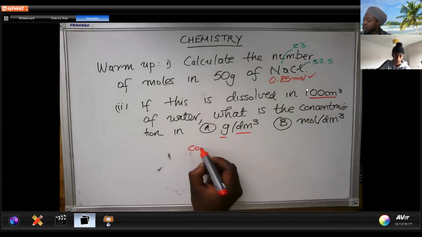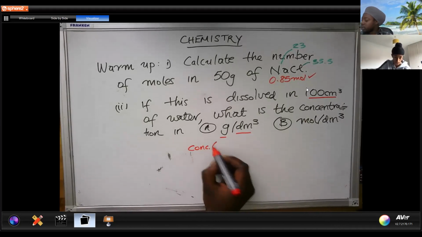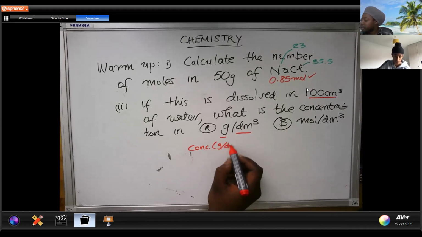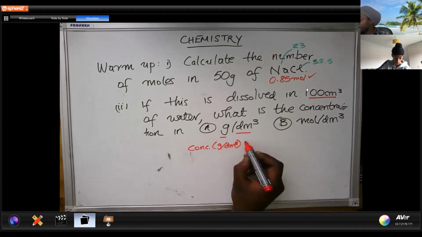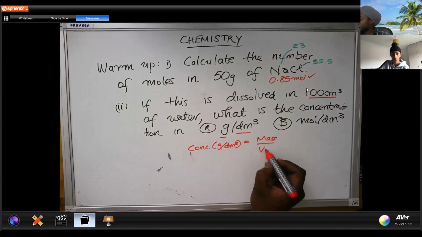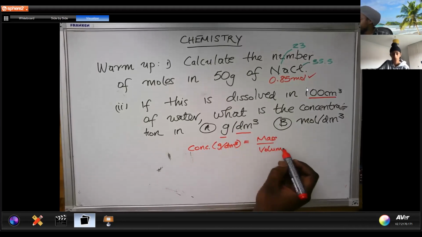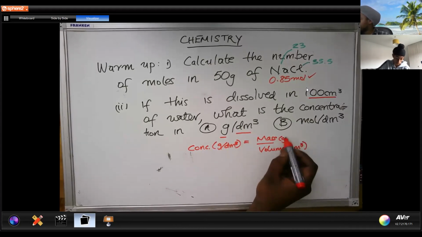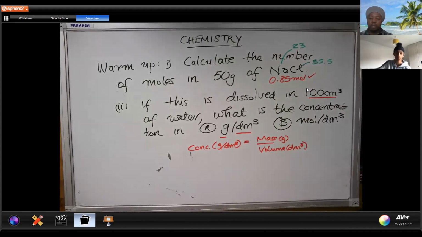So we can write, say, concentration in grams per decimeter cubed. Then we need to divide mass by the volume, and that volume has to be in decimeter cubed, and that mass has to be in grams. If you use that formula, I got 50 grams per decimeter cubed.